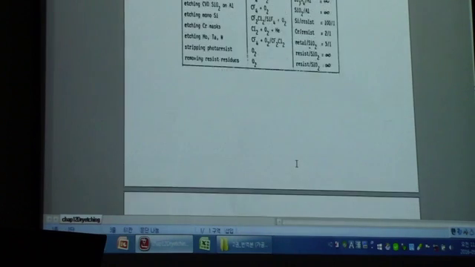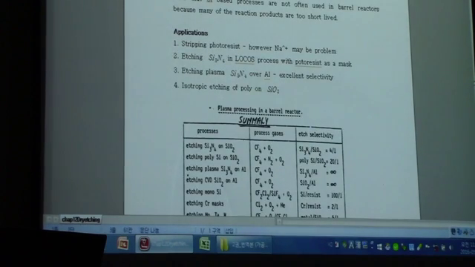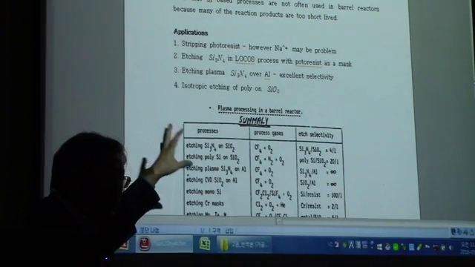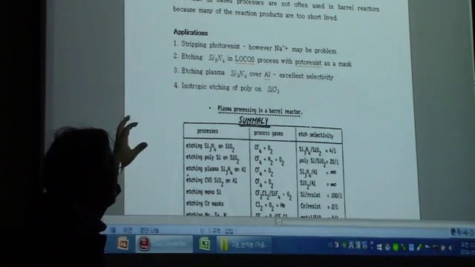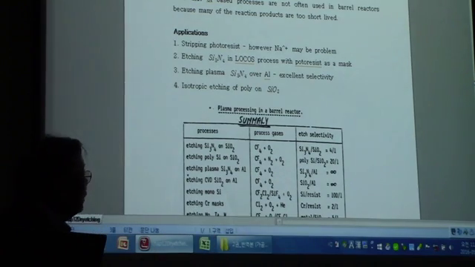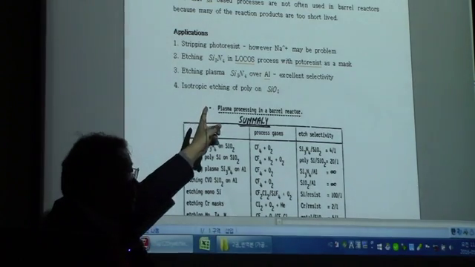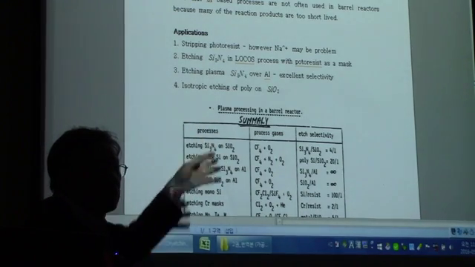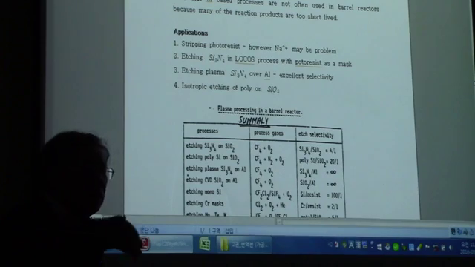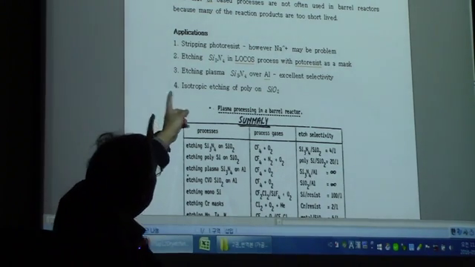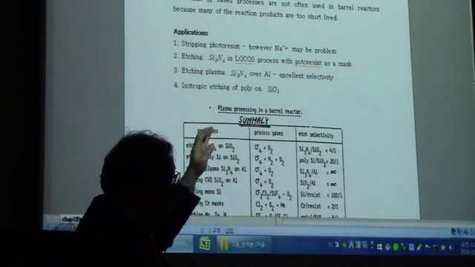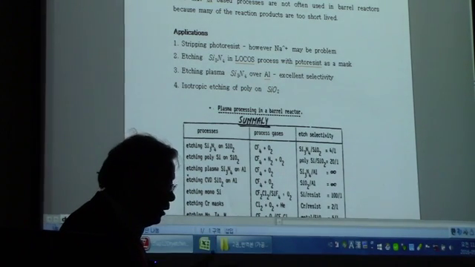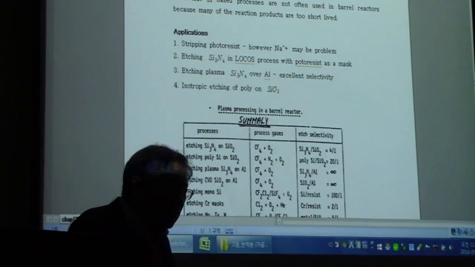And then the barrel type reactor, the applications, you have to see these applications. The barrel type reactor is the cheapest one, but it has proper usages, like stripping photoresist. You don't want to pay a lot of money for just stripping the photoresist after the etching. In old days we just put the photoresist into the chemicals.